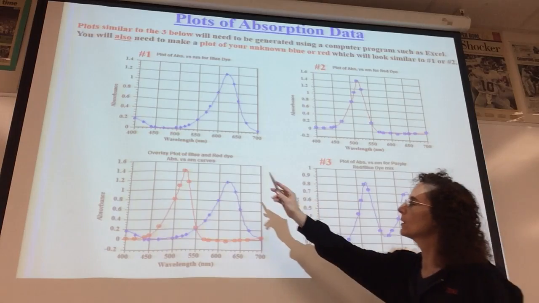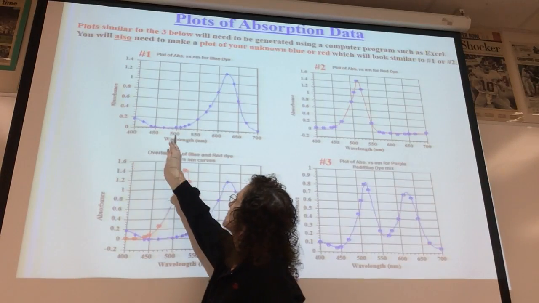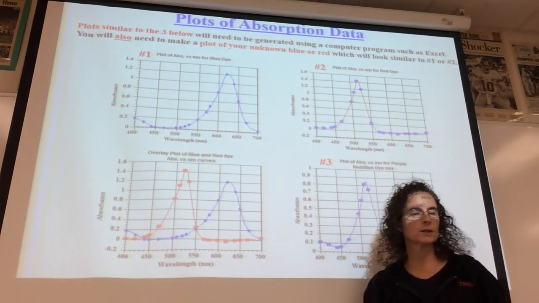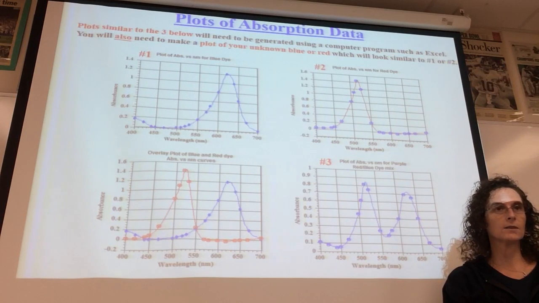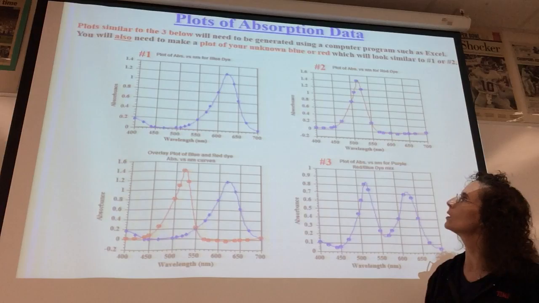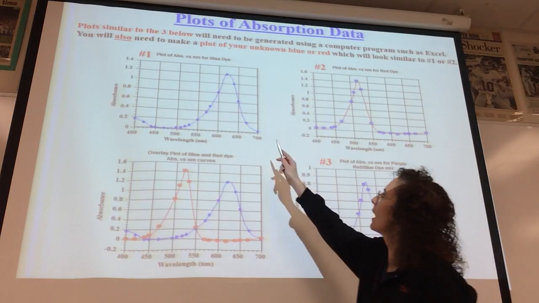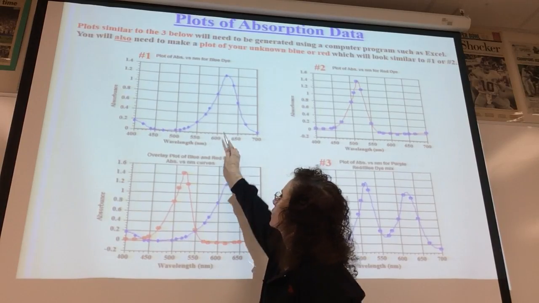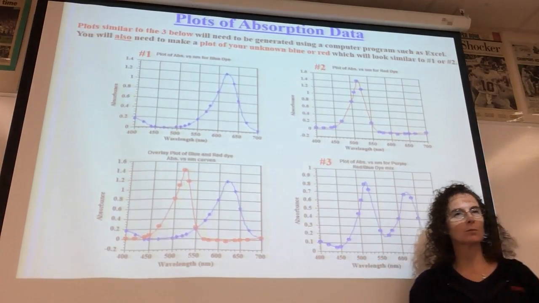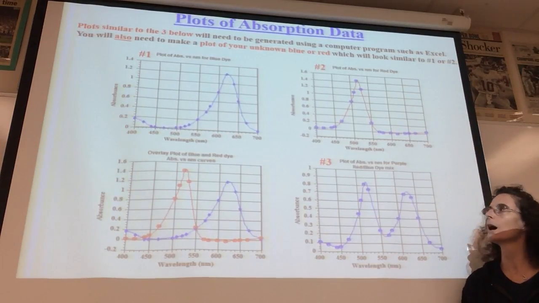For example, if you measured absorbance and plotted it versus wavelength, so basically you measured absorbance at different wavelengths for a certain colored sample, you will see that blue dye will peak at 620 nanometers. So that's the wavelength that you should measure blue dye.